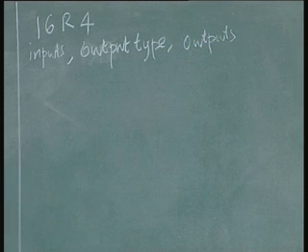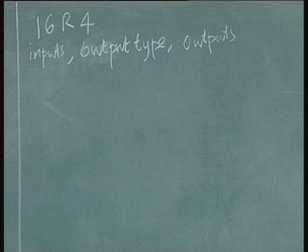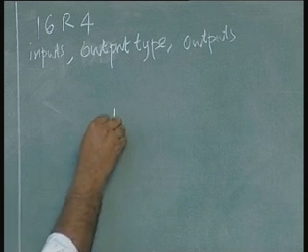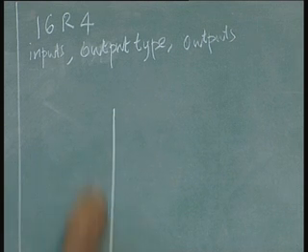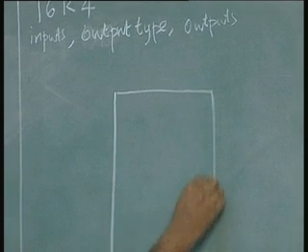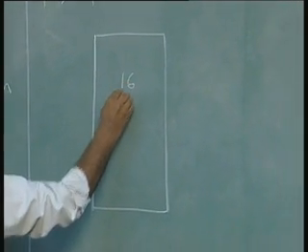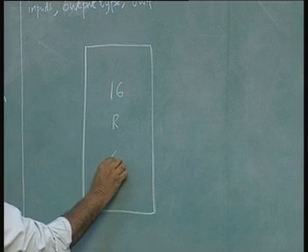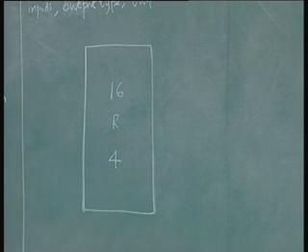So in this case, I am not going to draw this as a structure, I am going to draw it as a block. This is my 16R4. It's a 20 pin device.